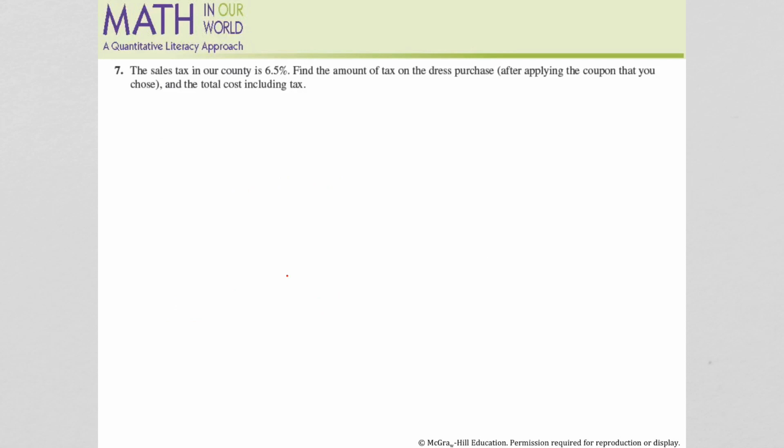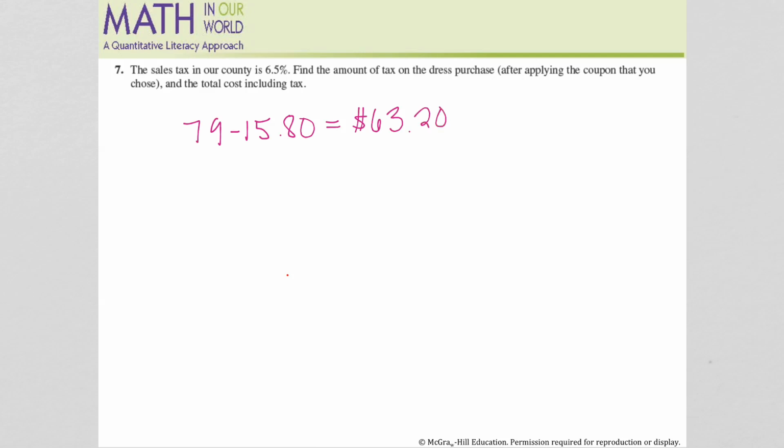The sales tax in our county is 6.5%. Find the amount of tax on the dress purchase after applying the coupon. So tax is figured after the coupon is used, so that's good. So the cost of the dress will be the original price minus the discount, so $63.20.